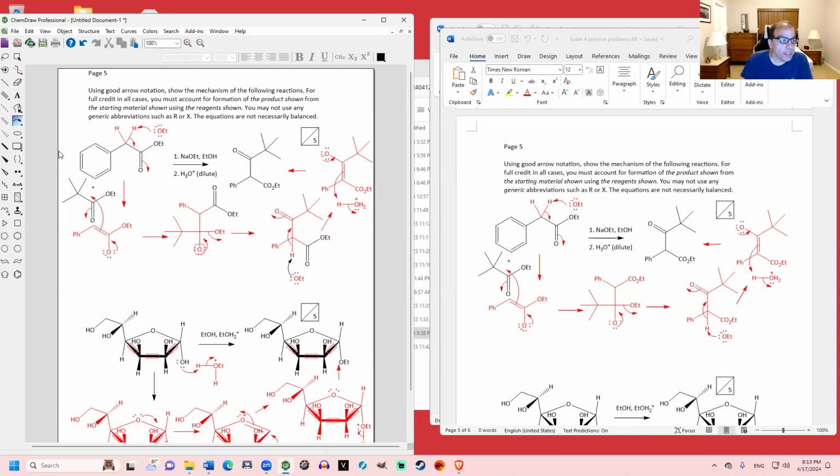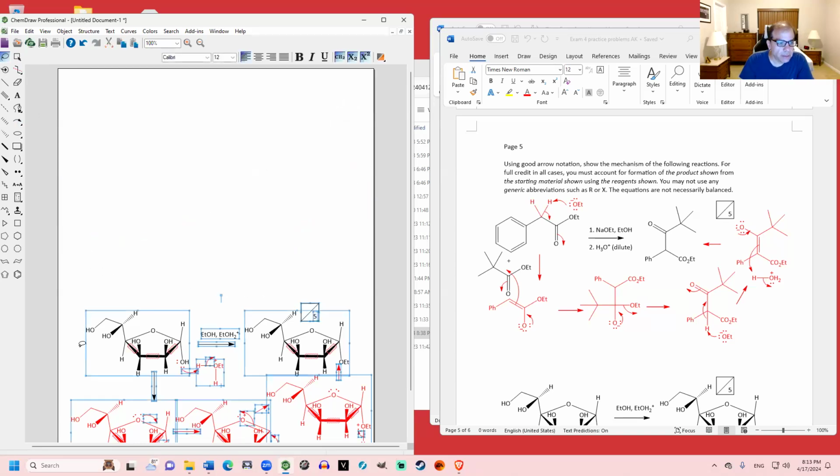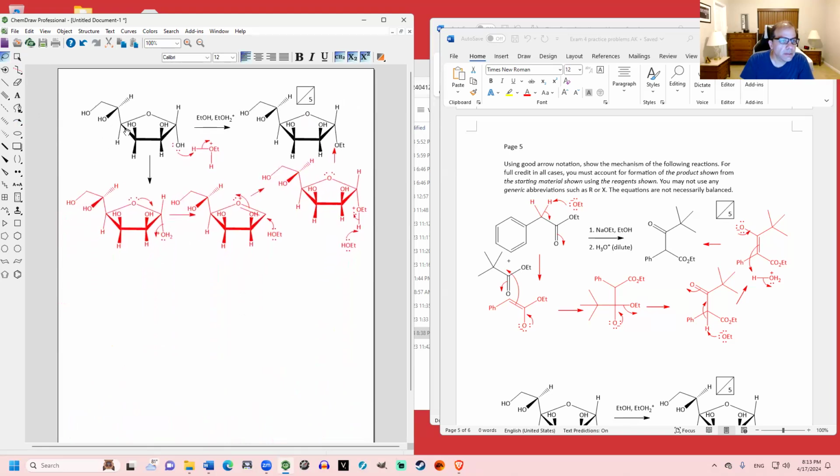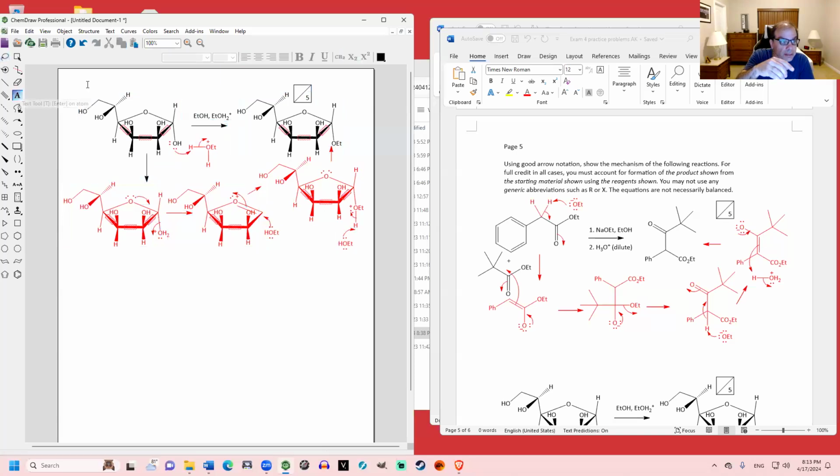The bottom one is a mechanism that we'll get to in class on Friday. This is called formation of a glycoside.